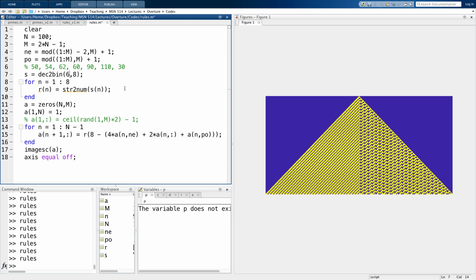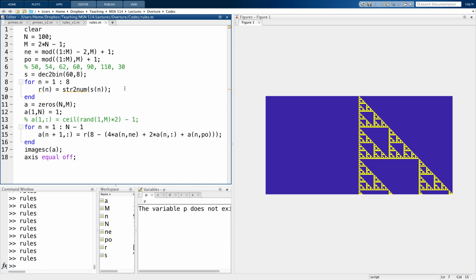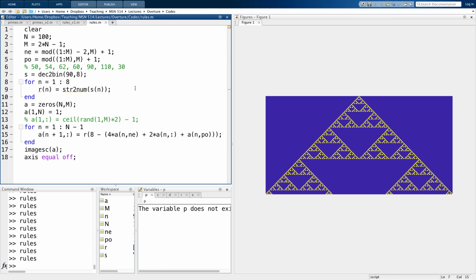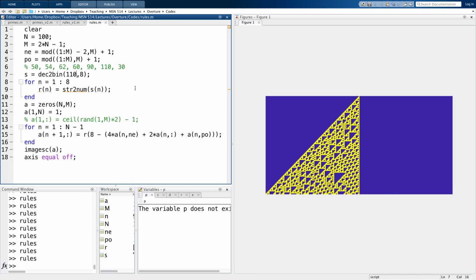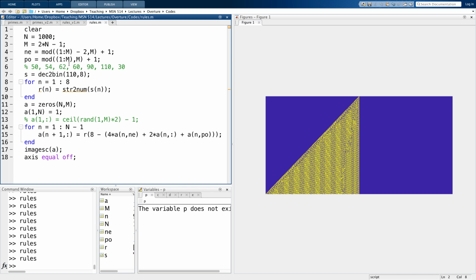Interesting. 60. A fractal, right? We will come to this later on. Fractals. 90. Again, a fractal. And finally, 110. It should look different. Yes, it looks different actually.